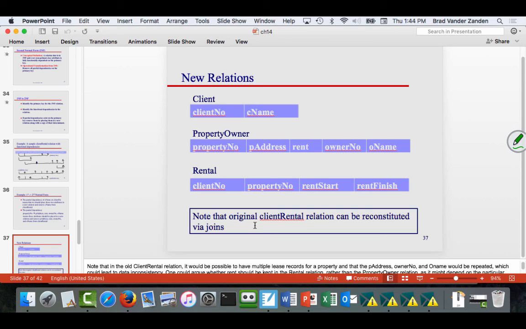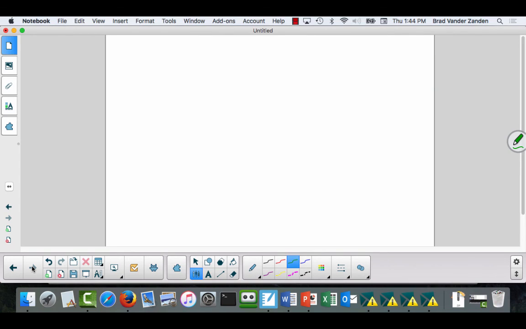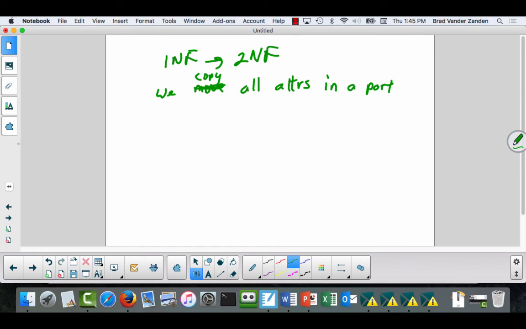Okay. So basically, when we go to second normal form, what we're doing is, to go from first normal form to second normal form, we copy all attributes in a partial dependency on the primary key to a new relation.